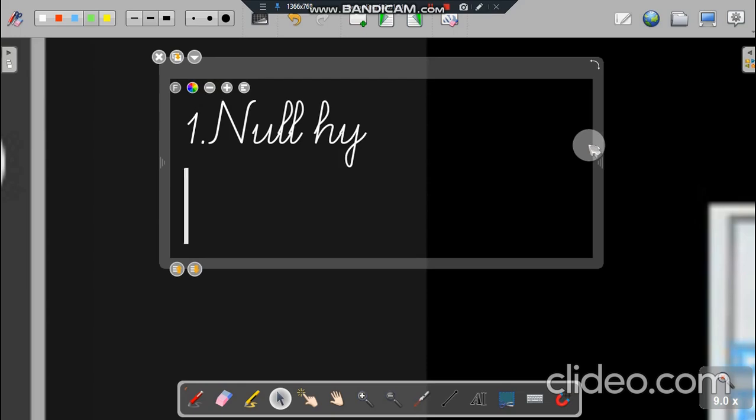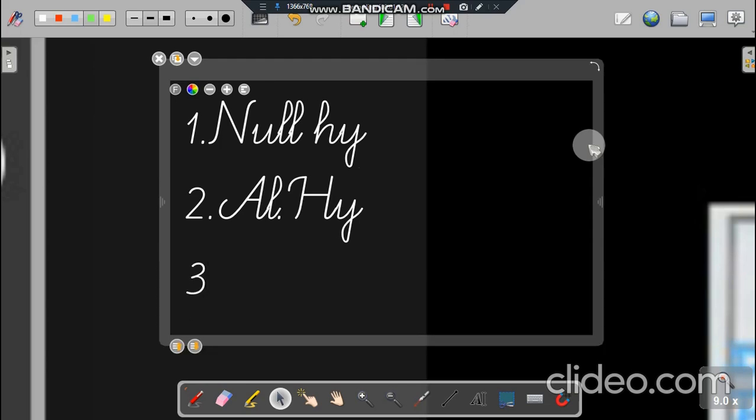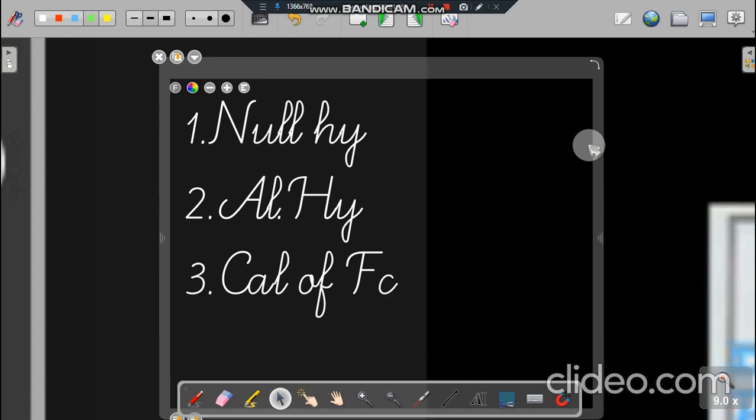The second step is the alternative hypothesis, which I'm writing here in short form. And the third step is the calculation of F statistics.